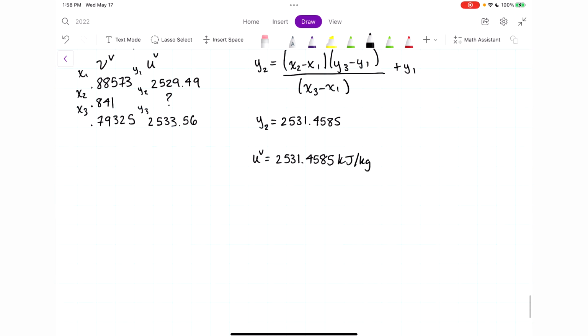That means that my U4, because it's a saturated vapor, and the reason we know that is because of what we did in part 1, is equal to 2,531.4585 kilojoules per kilogram.